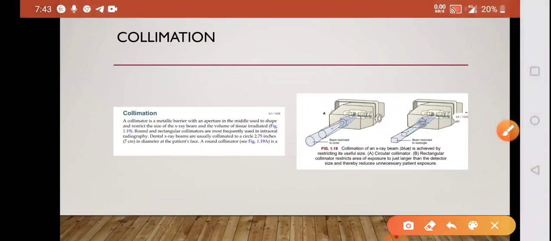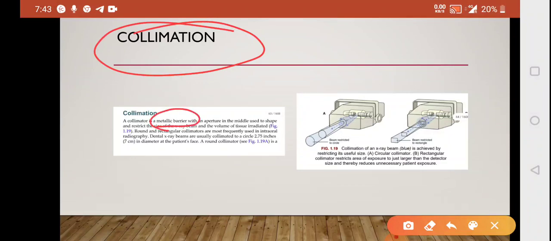Next we come to collimation. What is collimation going to do? Collimation is going to basically increase the image quality. Let me read for you that a collimator is a metallic barrier. Remember, it is again a metallic barrier, and it is used to shape or restrict the X-ray beam and the volume of the tissues that are radiated.